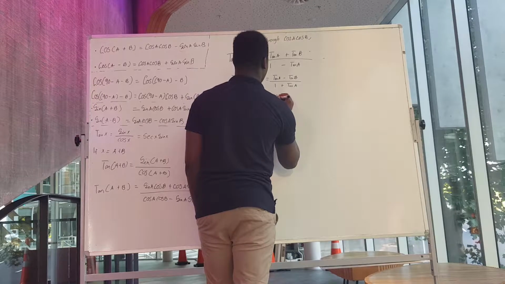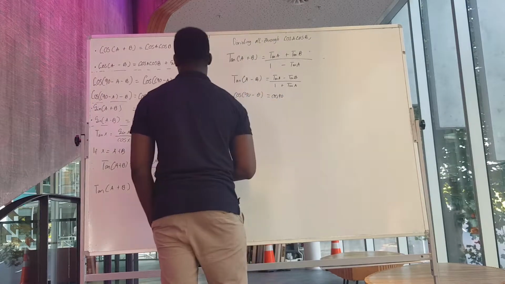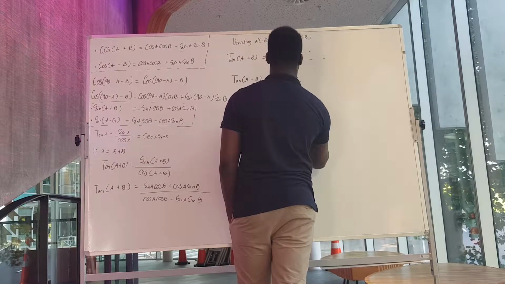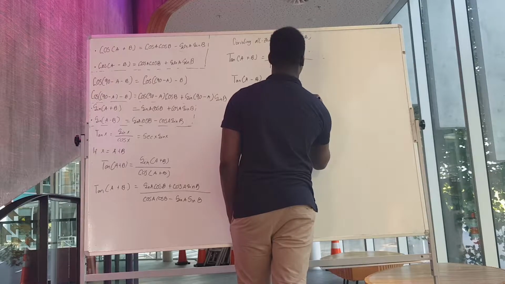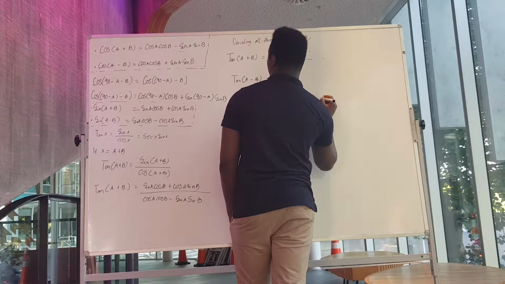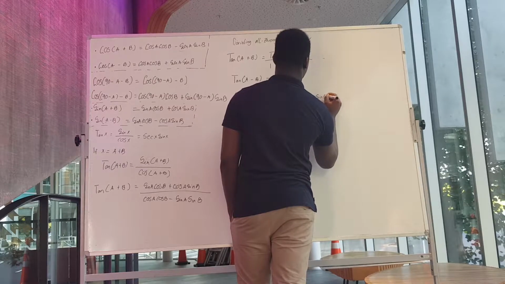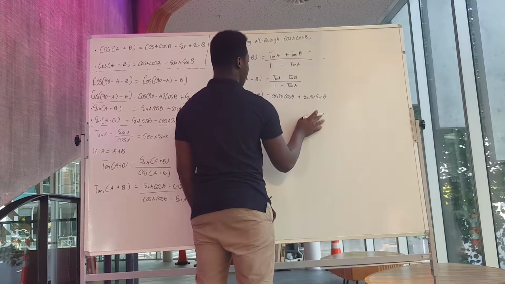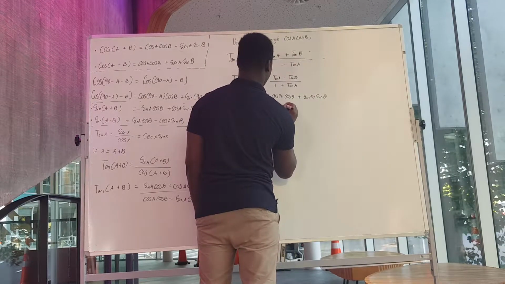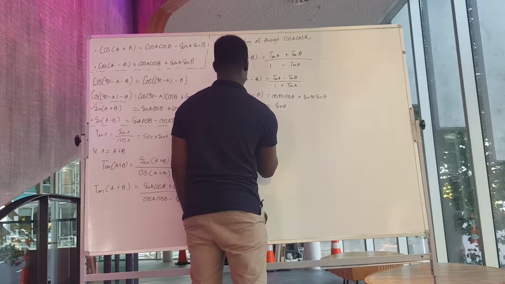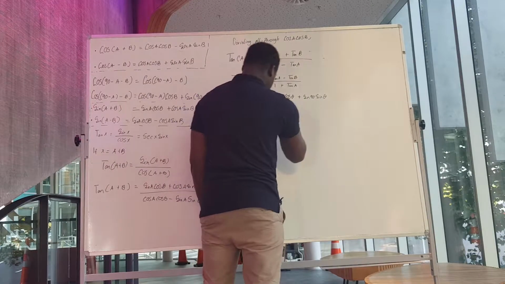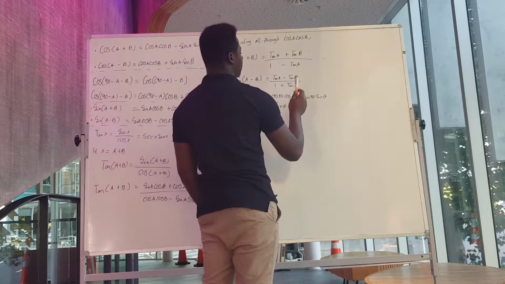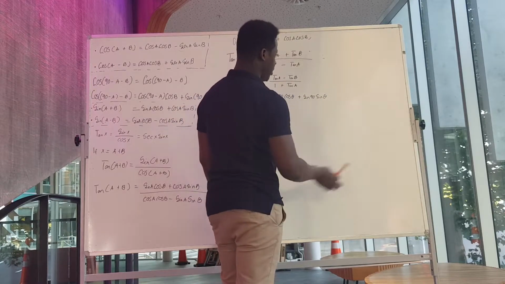So cosine 90 cos theta plus sine 90 sine theta, and that's equal to 0 plus 1 times sine theta, so that's equal to sine theta. I hope you can see it. Cosine 90 is 0 times anything, 0, plus sine 90 is 1 times sine theta.